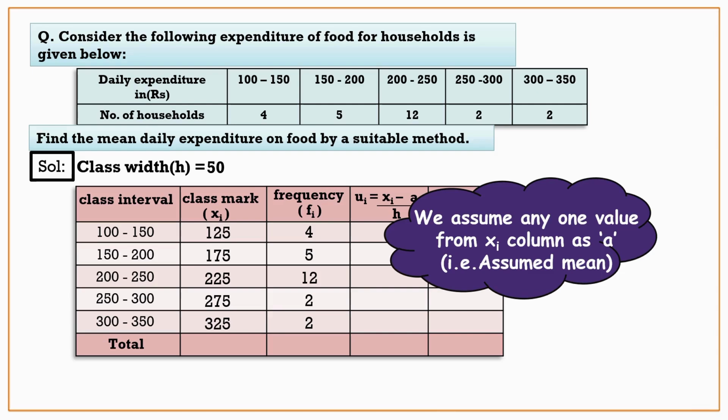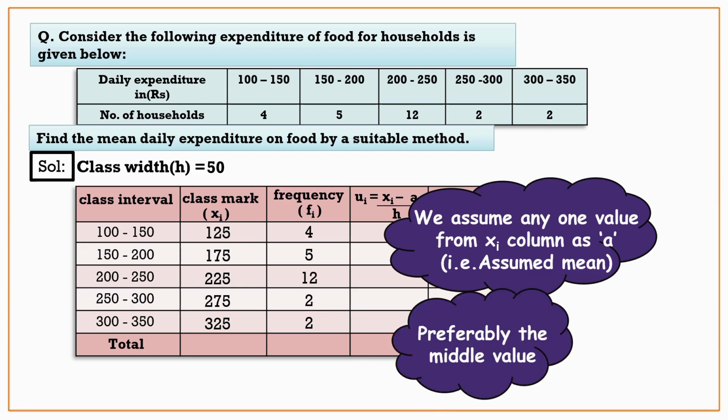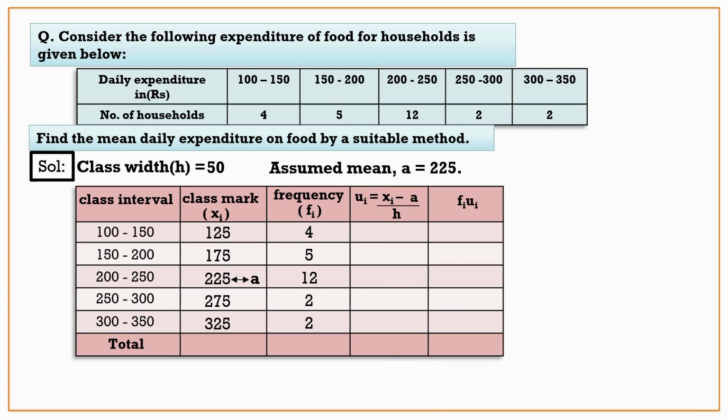Now we have to assume one value from the xi column as a, that is the assumed mean. So we can consider the middle value of the column. So let's take 225 as a. So now let's replace that a in the ui formula. So now ui will be equal to xi minus 225.